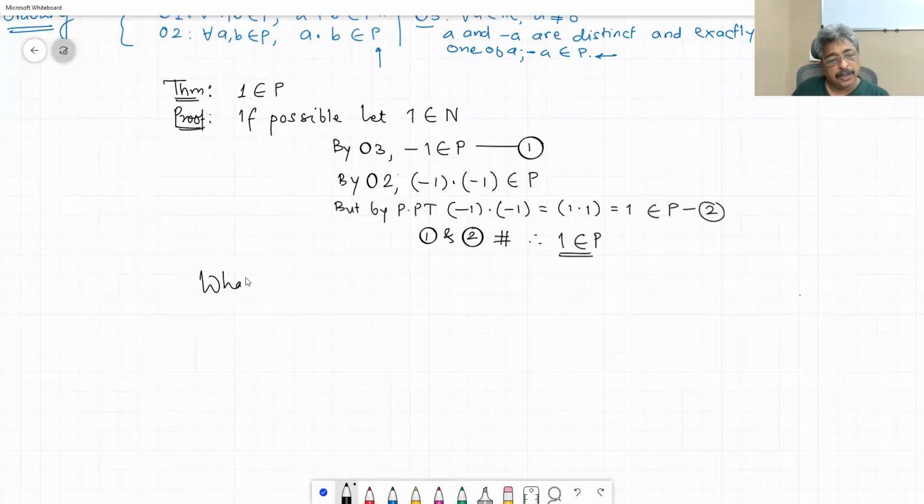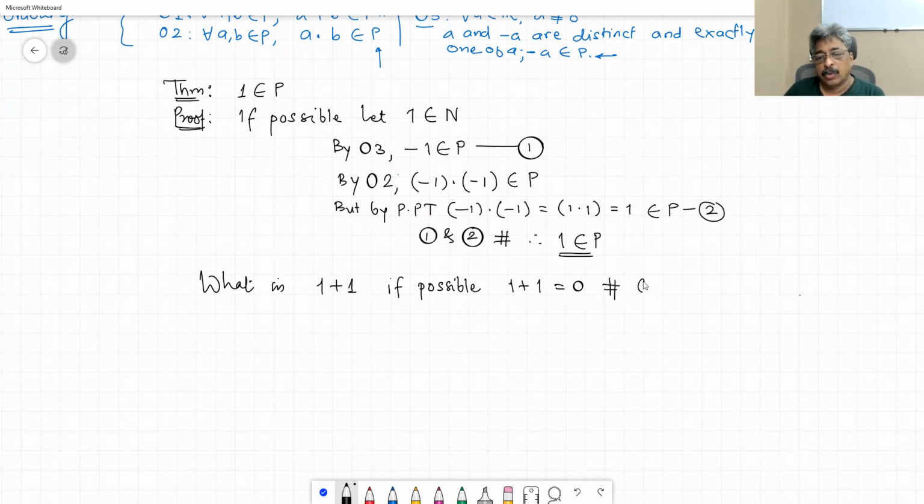Now, what is 1 plus 1? If possible, 1 plus 1 is equal to 0. Contradiction to O1. Because 1 is positive, 1 plus 1 must belong to P, but 1 plus 1 is 0.